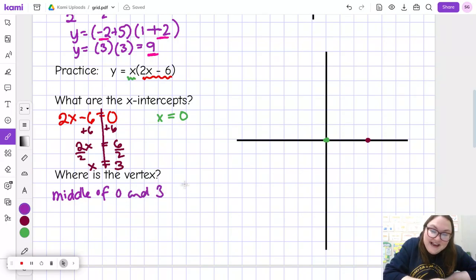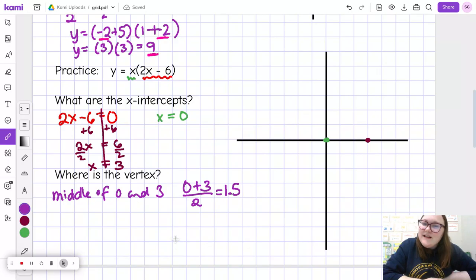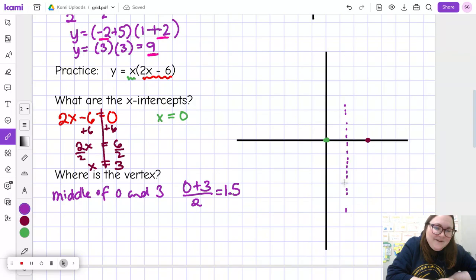And if you need to find the average, you can by doing 0 plus 3 divided by 2. That's 3 divided by 2, which gives you 1.5. There's nothing wrong if your vertex is a decimal. It just means over here on my graph, I'm going to have to estimate. 1.5 is like about halfway in that box right there. So my vertex is somewhere on this line here.